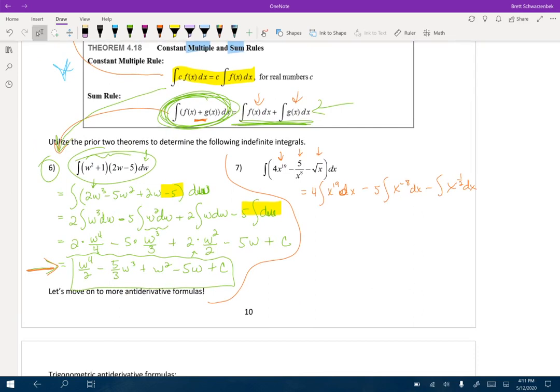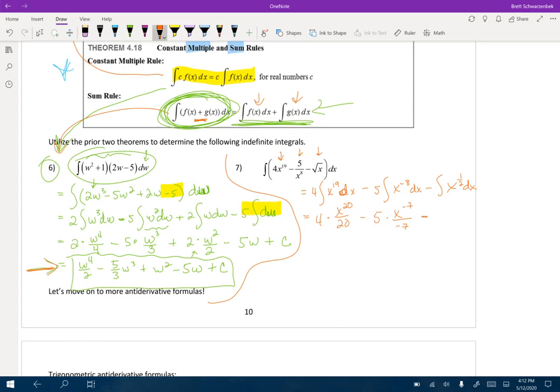So here we go, mental math for some of it. X to the 19th becomes x to the 20th over 20. That should be starting to get routine at this point. What about here? 5 becomes, and this is tricky, so x to the -8 becomes x to the negative what? So we have to add 1, which means we're going to get x to the -7 over -7. So even though there's a negative, you have to copy the negative into the denominator when you do that.